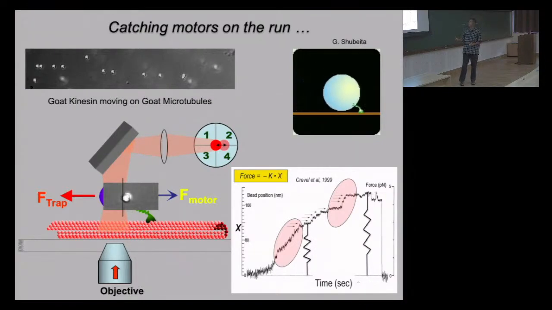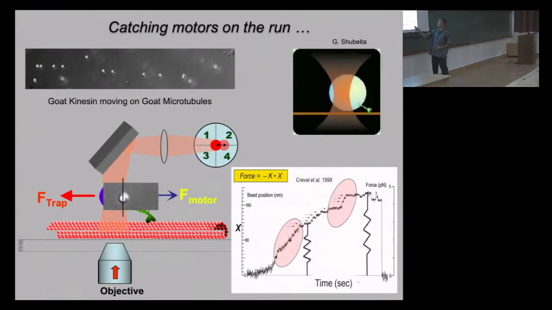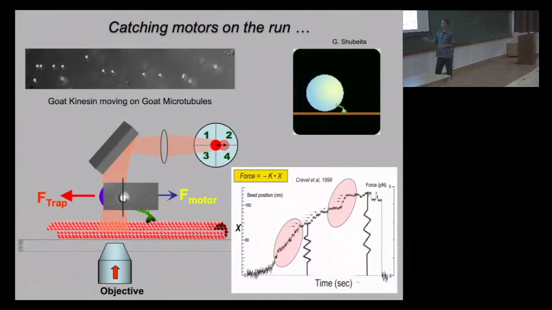If you look carefully at these arrows, you can see these discrete events. These are the individual steps of the motor, and you can see these steps here and not here for two reasons. One is that it is just too fast to be detected here.